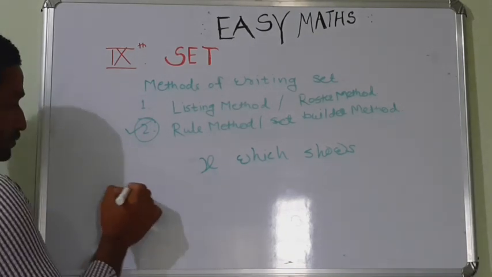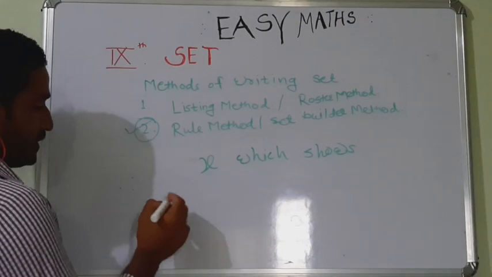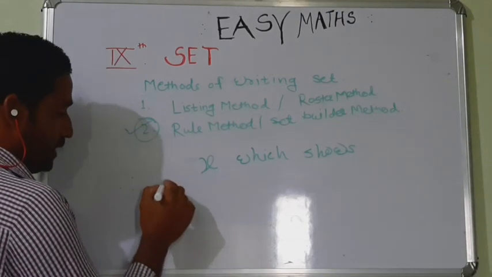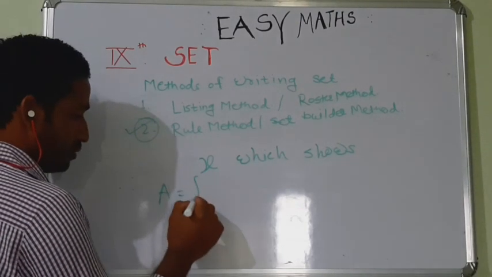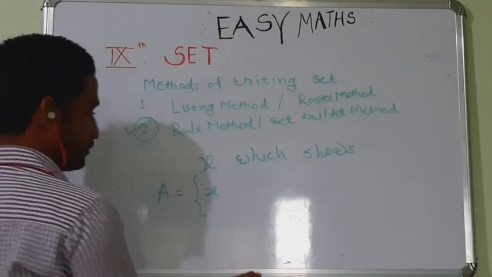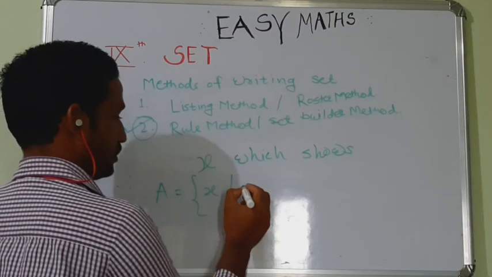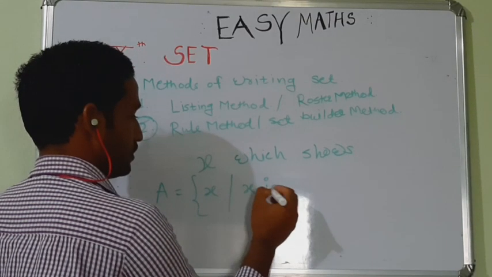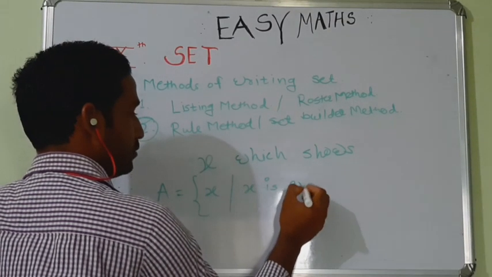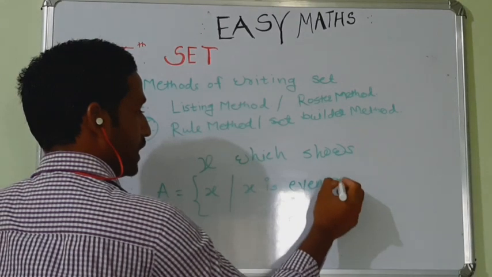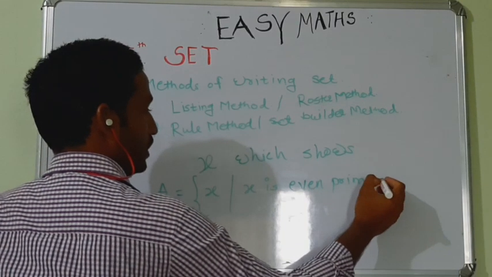Got it? Then we have here one set, that is set A equal to x such that x is an even prime number.